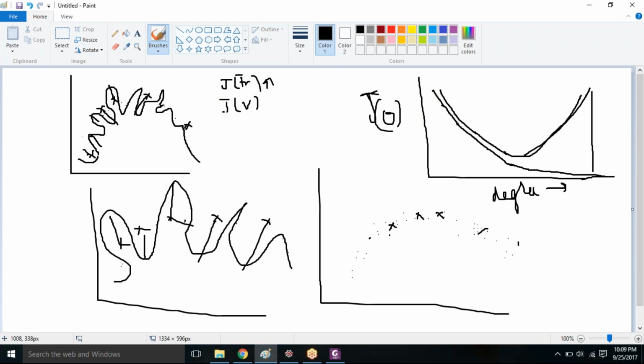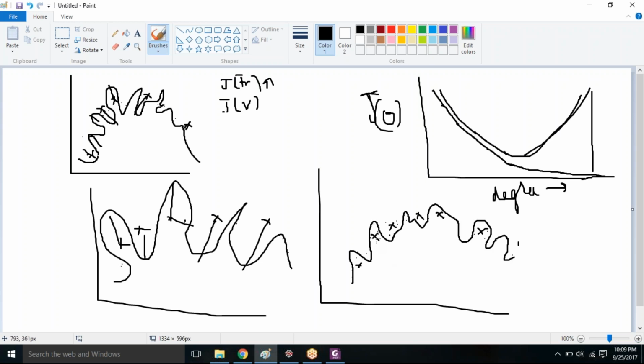But these are not included in training. So when you fit a higher degree curve, it is fitting the training data very well, but you are not sure whether it is fitting the validation data also.